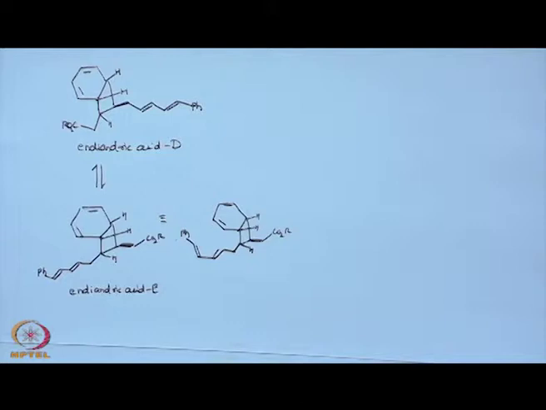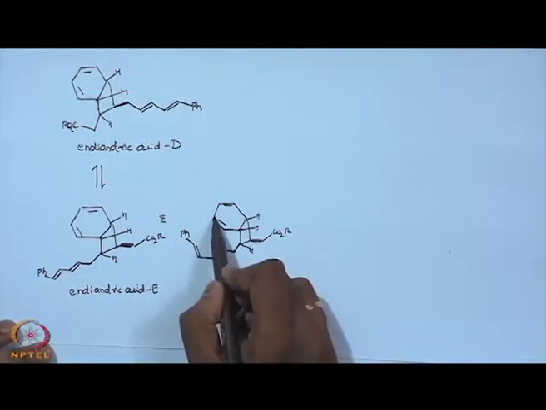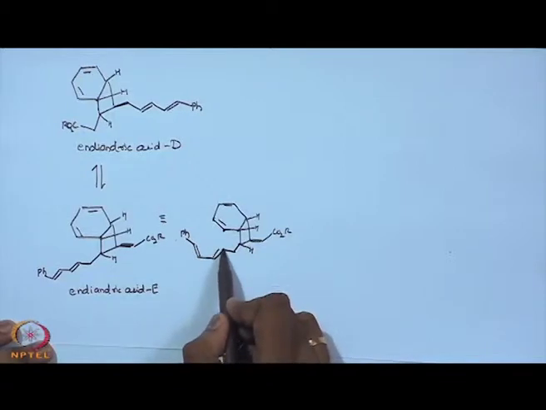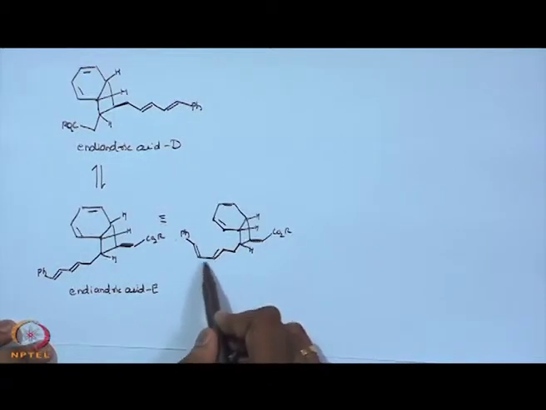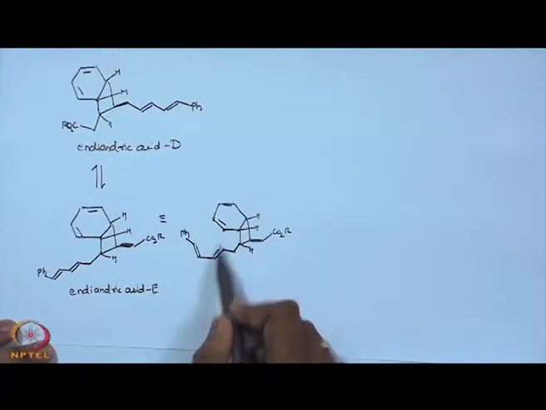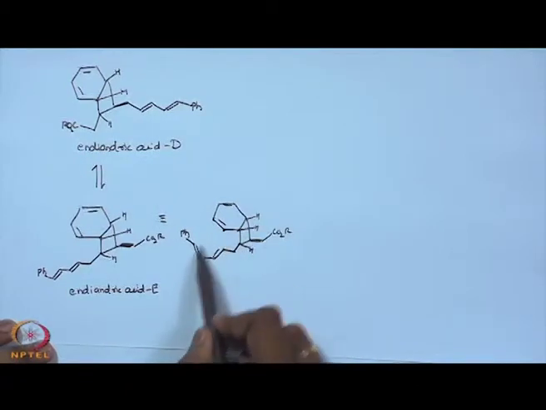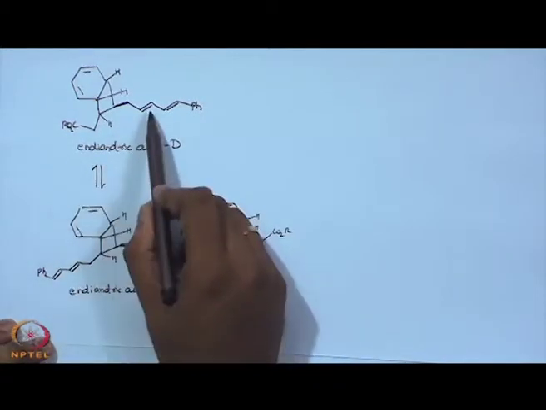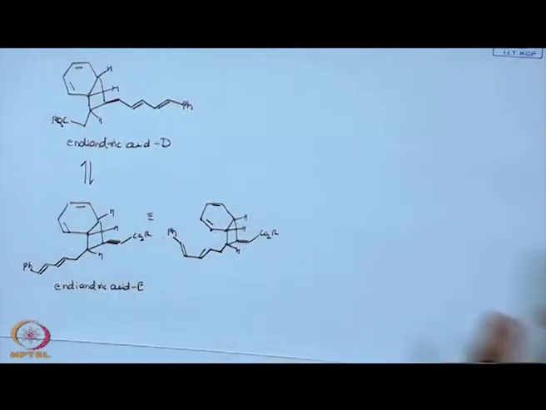Now what will happen? You just see this. So I can do this, right? This is what? Yes, 4 plus 2. So you have a 4 plus 2 cycloaddition. So it can nicely do a Diels-Alder reaction. In this case, you cannot do it because they are on the opposite face.